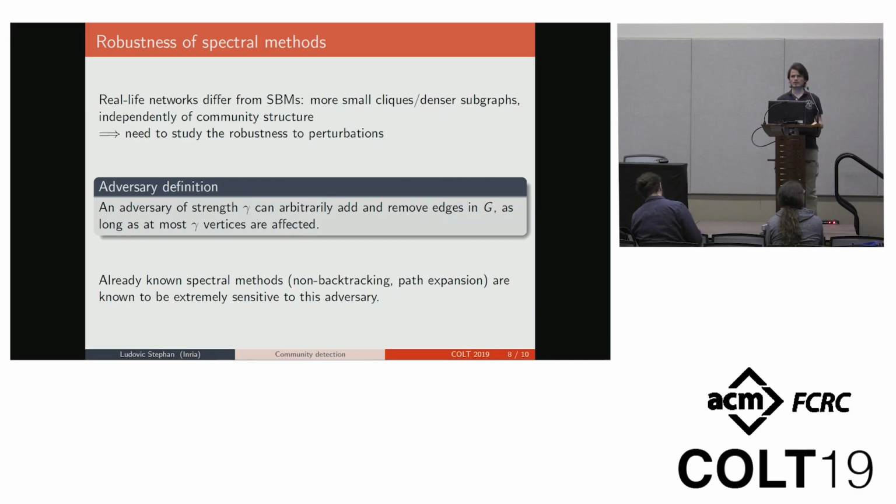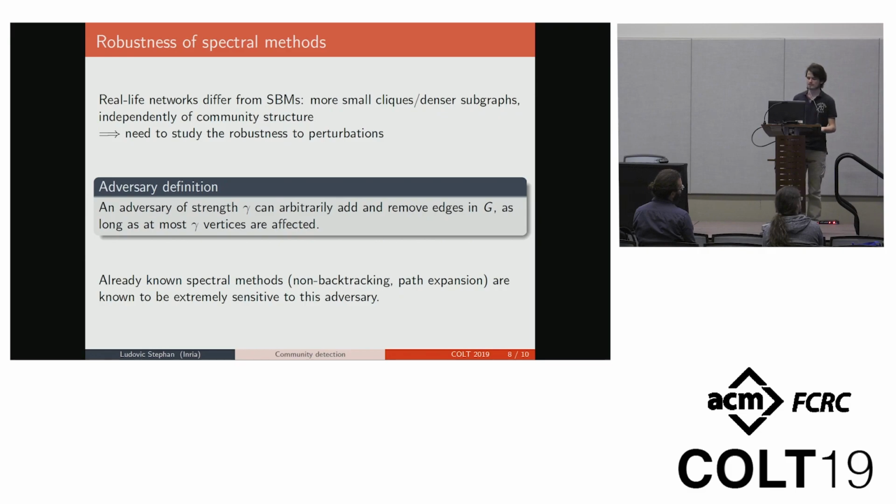So a good way to study the performance of models under those real-life networks is to study the robustness of the algorithm under adversarial perturbations. So we define an adversary that, when given a stochastic block model graph G, can add and remove edges at will as long as at most gamma vertices are affected, which means that at most gamma vertices can be endpoints of added and removed edges. So for example, if we had a clique, we can have a clique of size gamma with the number gamma squared of edges.